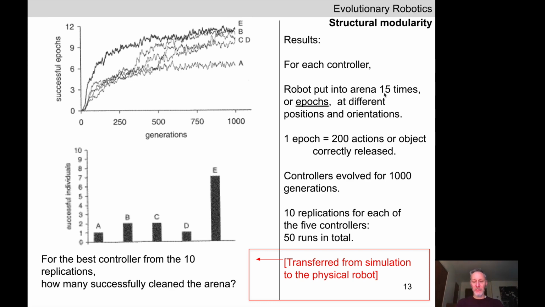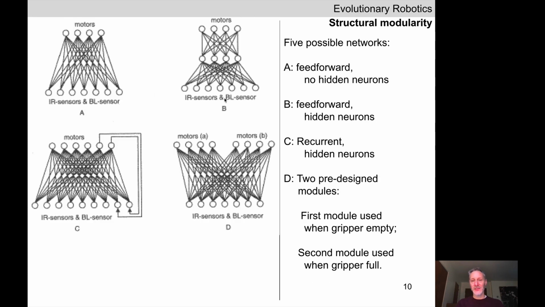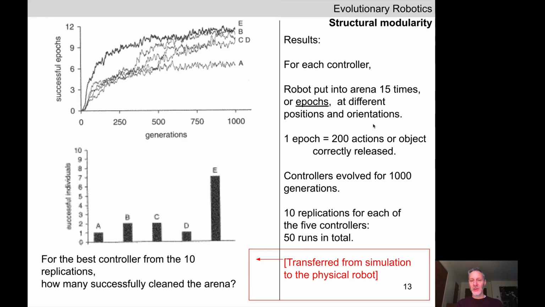So the robot basically had 15 attempts to try and clean up the 1, 2, 3, 4, 5 objects in its environment. So you can think of one simulation or one whole evaluation of one set of synaptic weights as lasting up to 200 times 15 time steps long.